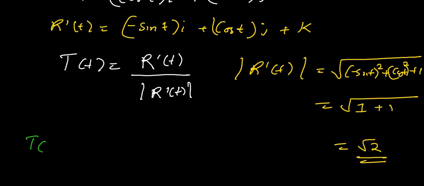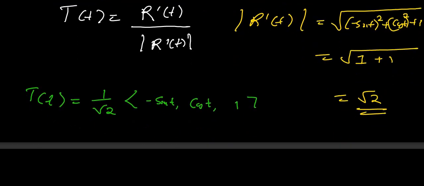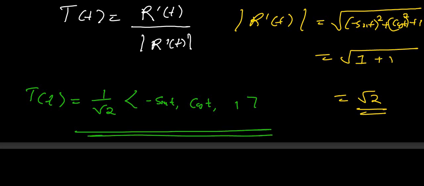So our unit tangent vector is equal to 1 over root 2 multiplying negative sine t, cos t, 1. This here is our unit tangent vector, because this is a vector on top.